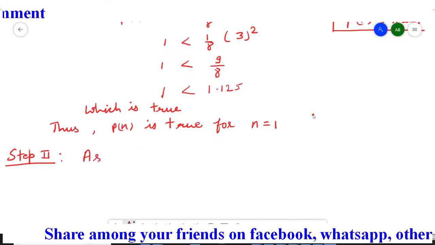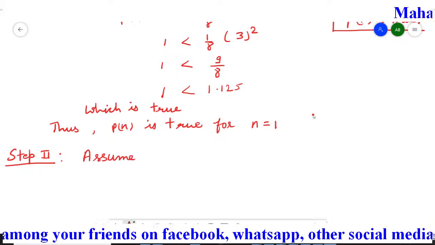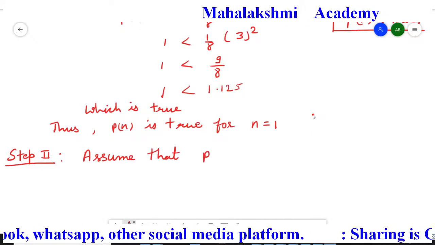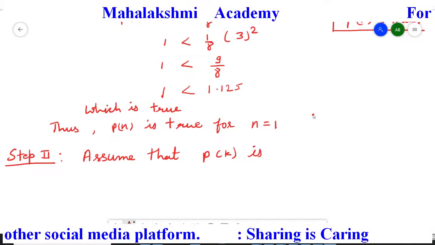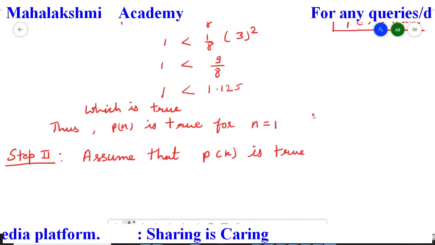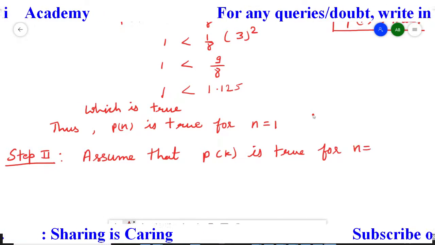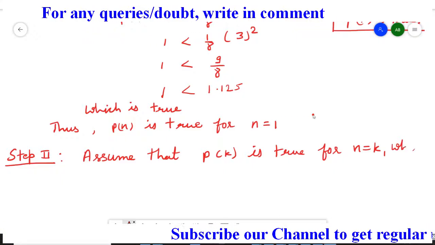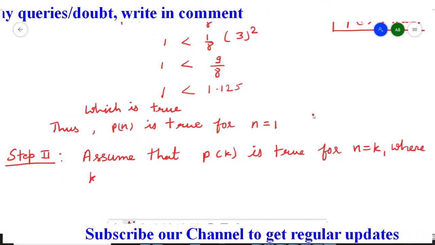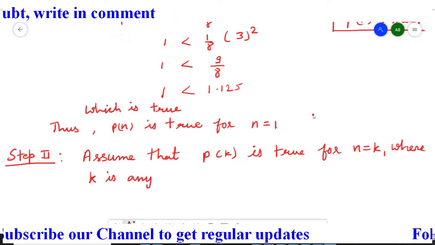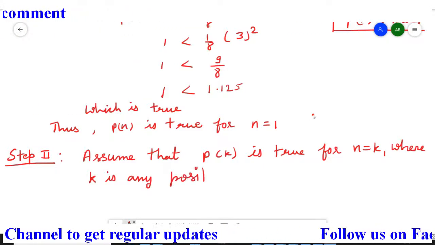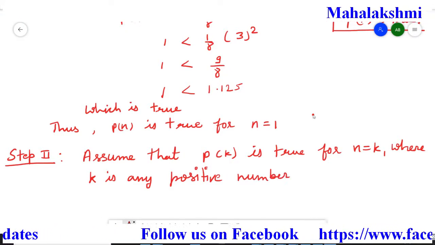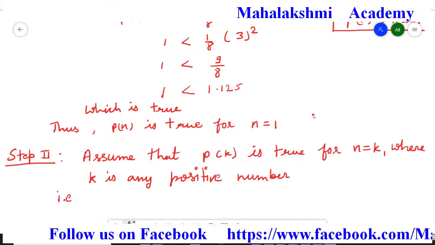So we'll write here: assume that Pk is true for n equal to k, where k is any positive number. Now we have to write down the Pk statement.